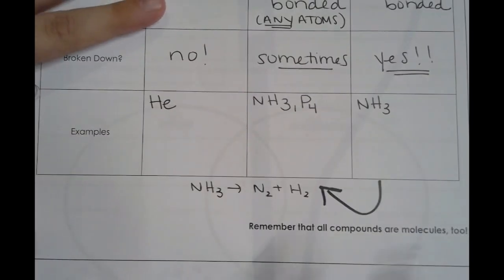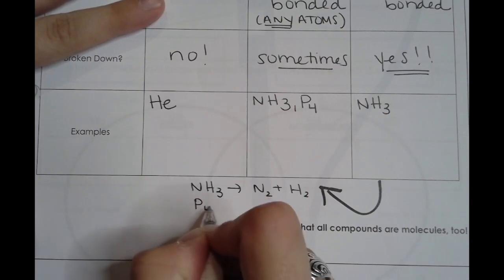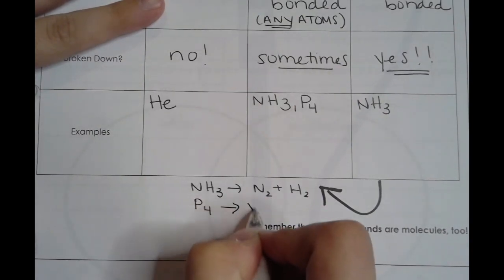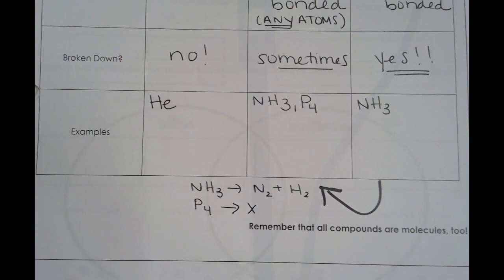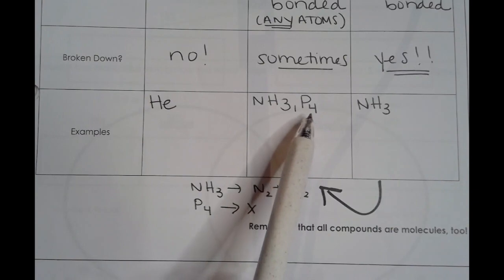Phosphorus, however, I can't break phosphorus down into anything more simple and more stable. It's already just phosphorus. It's one type of atom. Can't break that down anymore. Phosphorus, therefore, is not a compound. It's just a molecule. We can cross off phosphorus here.